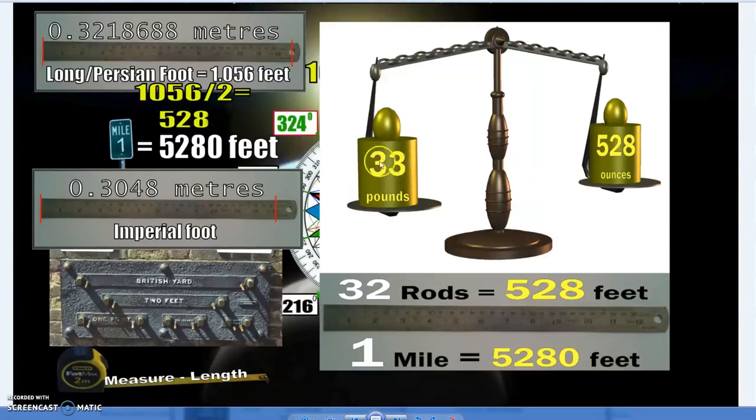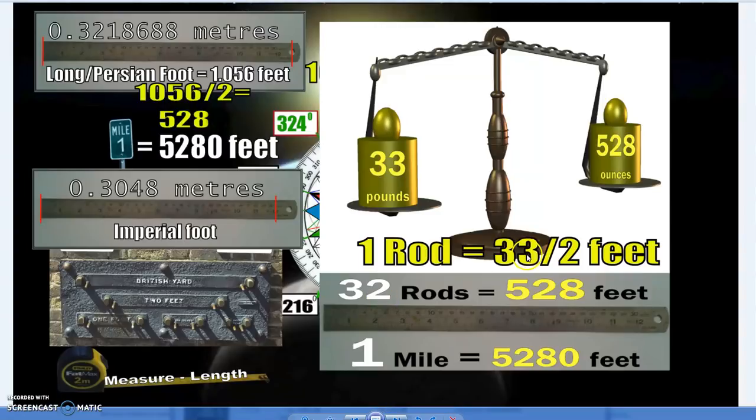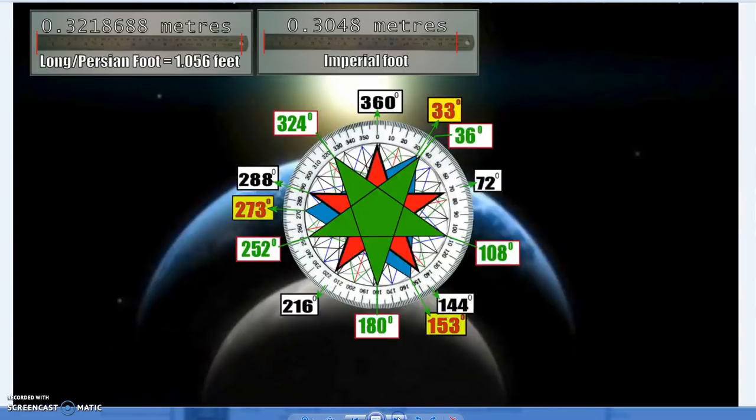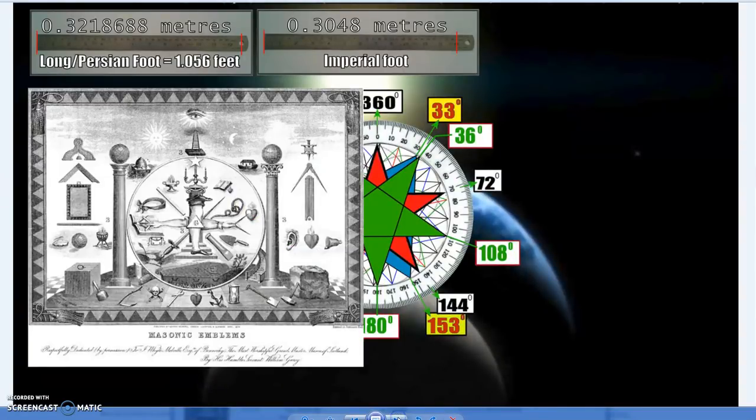For instance, 33 pounds is 528 ounces. 32 rods is 528 feet, and 1 mile is 5,280 feet. But why 32 on the rods? Well, one rod is 33 divided by 2 feet. One rod is 16.5 feet. 32, 33, 32, 33 in this 528, which brings us back to the long scale. So there are the long foot and the imperial, or English, foot.